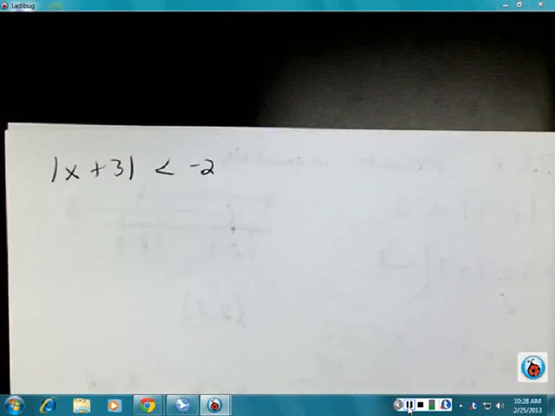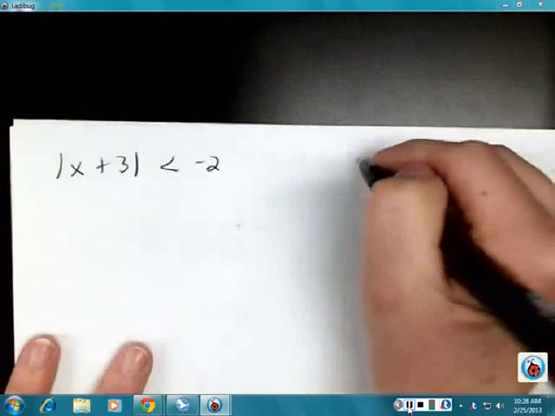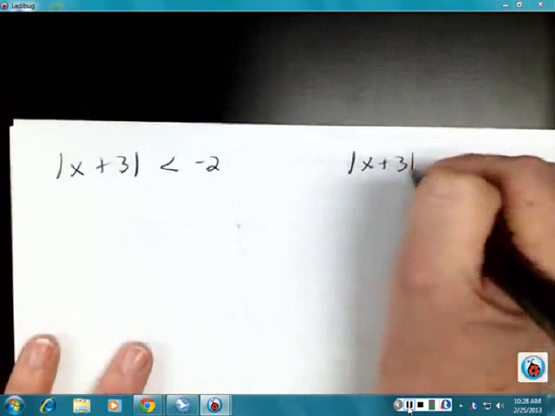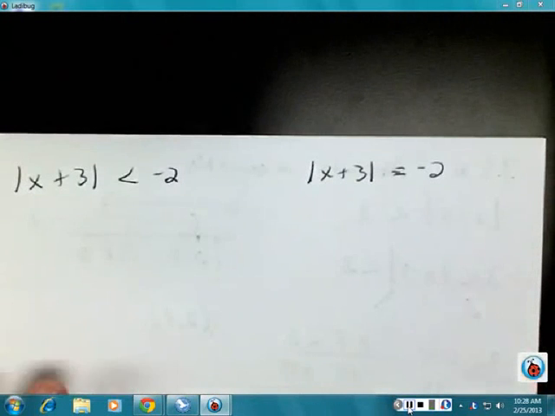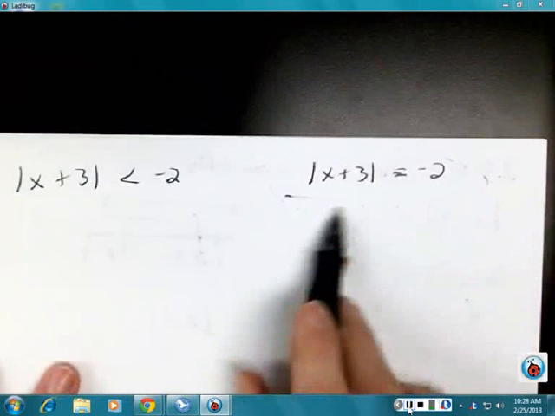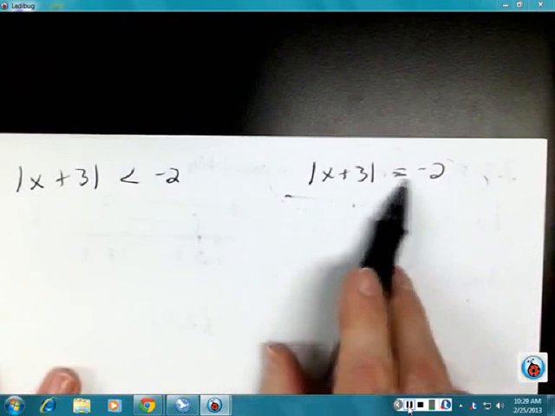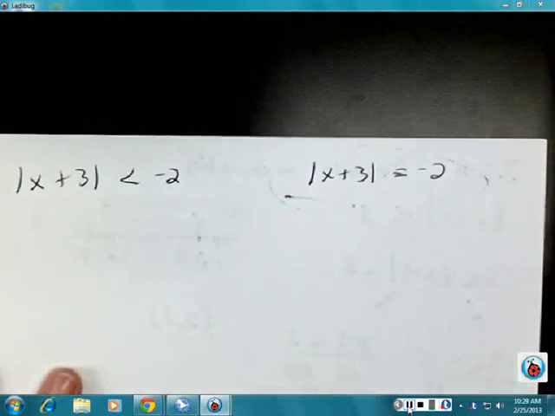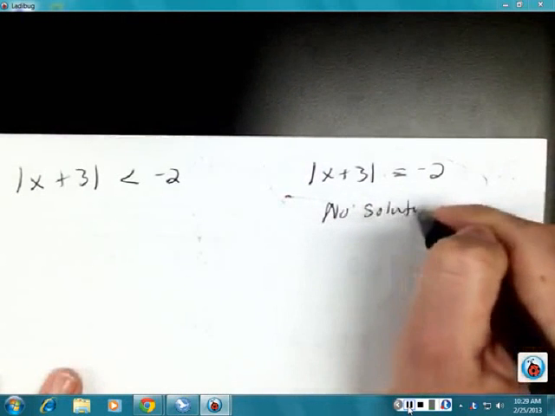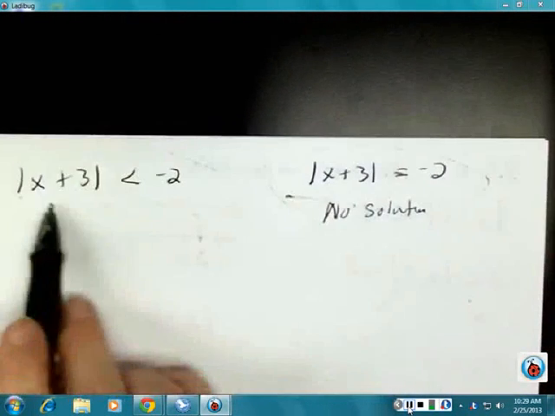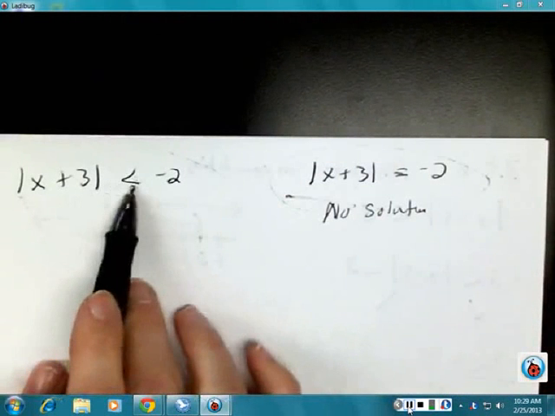When we had the absolute value of x plus 3 equals a negative 2, what did we say happened to that one? If I had x plus 3 inside absolutes equal to a negative 2, what did I say about it? It's a no solution. What about this one? Is there anything I can put in here that's going to make this side less than a negative 2?